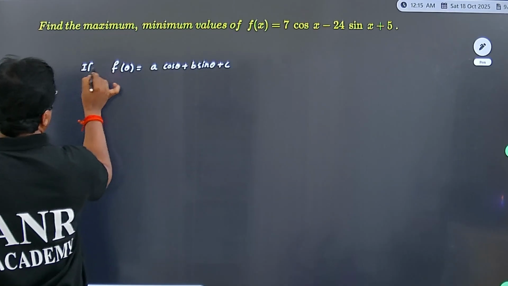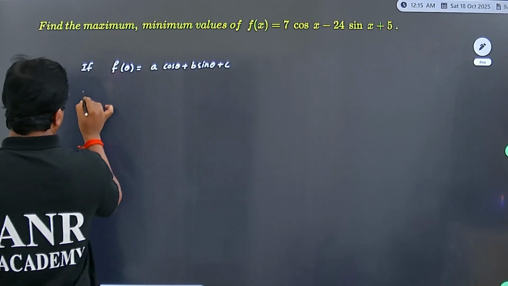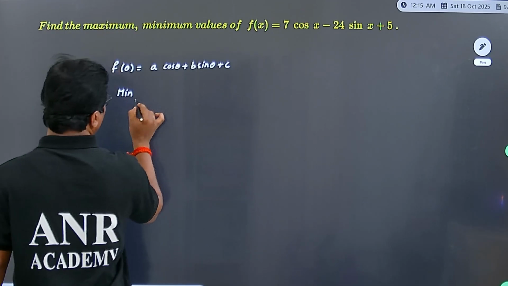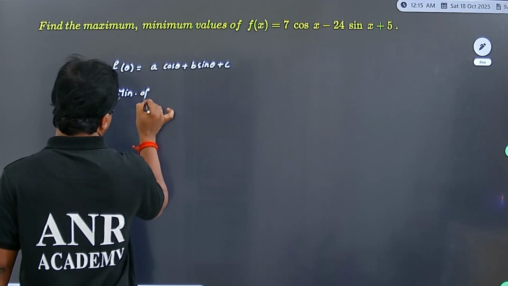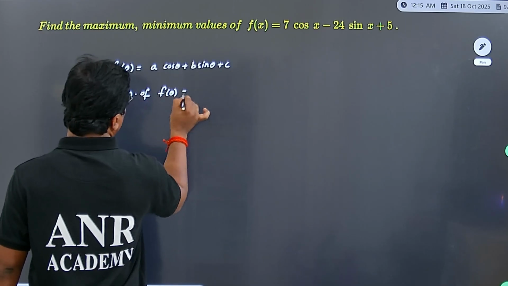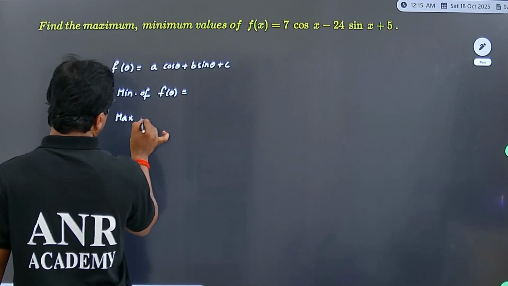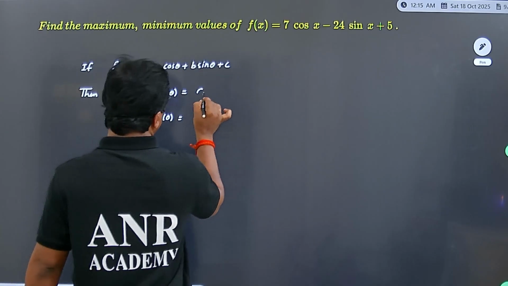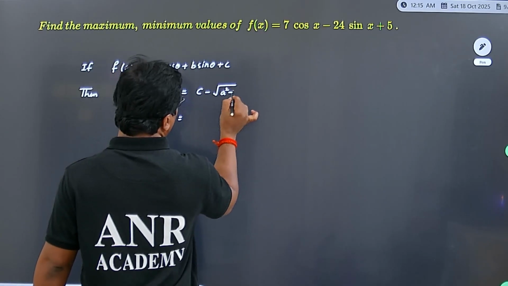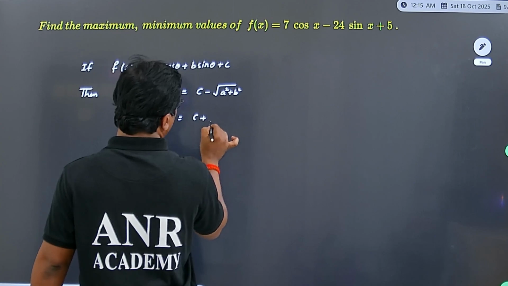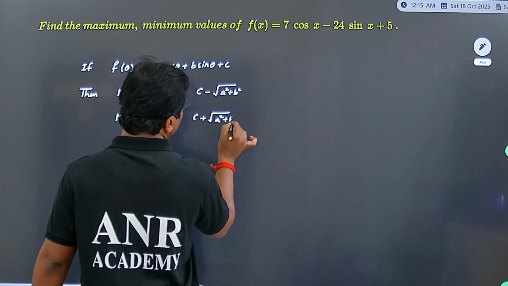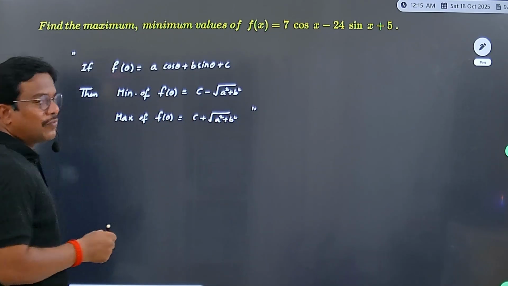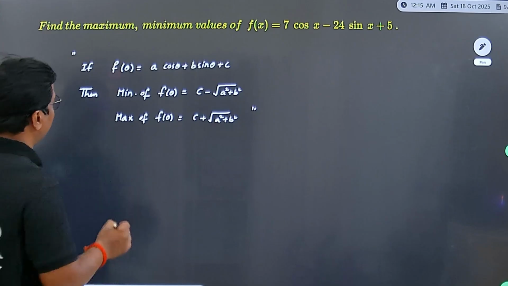If f of theta is of this form, then the minimum and maximum of f of theta are c minus root over a square plus b square and c plus root over a square plus b square.